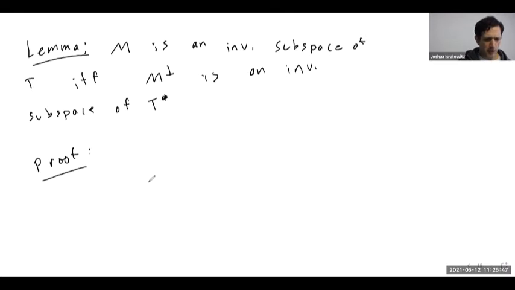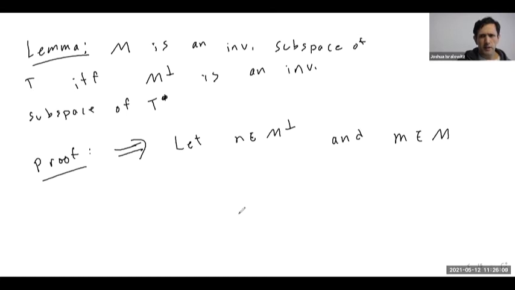So what's the proof? Not much to this. Let's prove this direction here. Let's say little n is in the orthogonal complement, and let's say little m is in big M. I want to prove that T star n is in M perp.